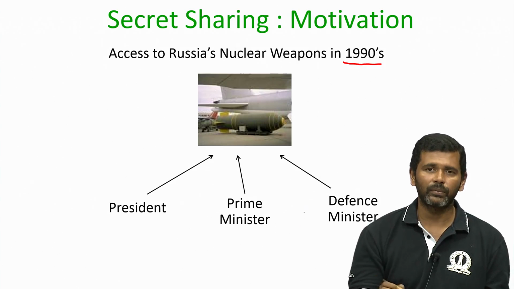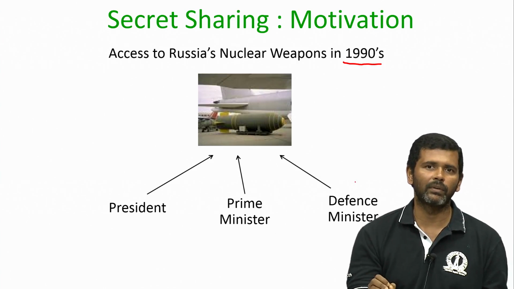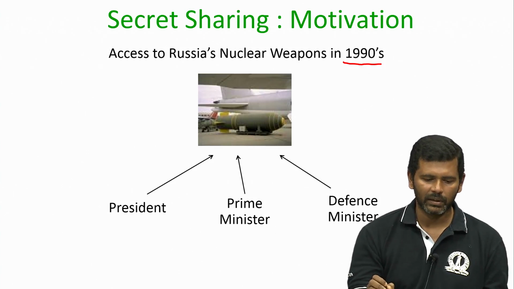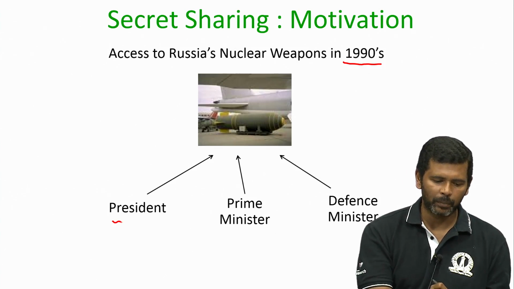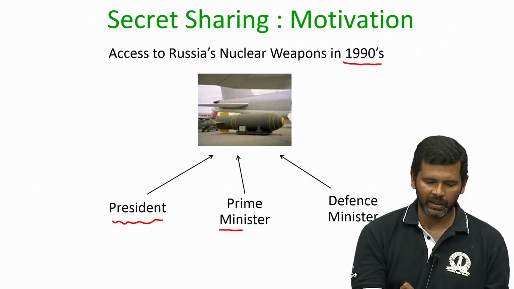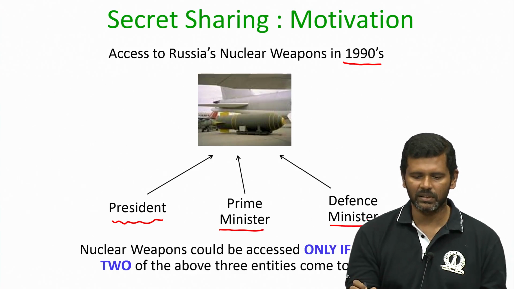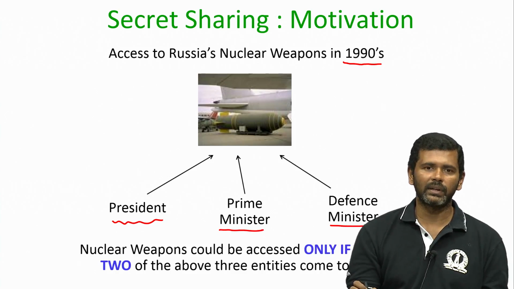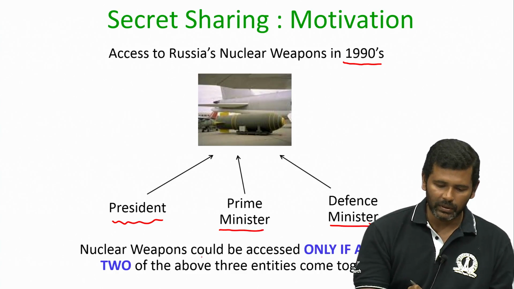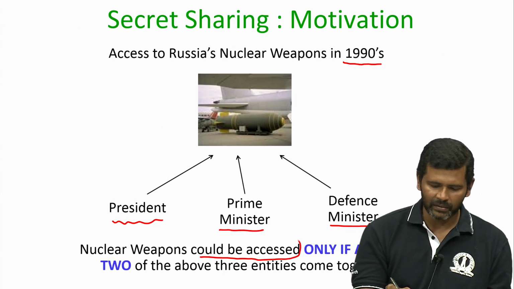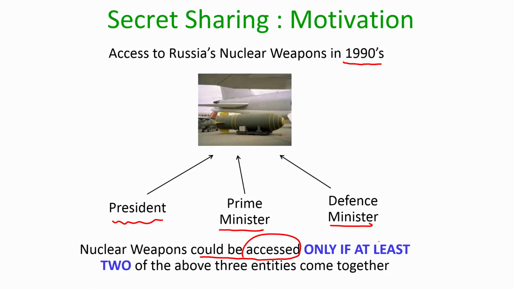The password or the credential for launching the nuclear weapon was shared among 3 top entities of the country, namely the president, prime minister and the defense minister, and it was shared in such a way that the nuclear weapon could be launched or accessed only if at least 2 of the above 3 entities come together and enter their respective credentials or passwords. But if only one entity comes and tries to launch the nuclear weapon, then that entity should fail.